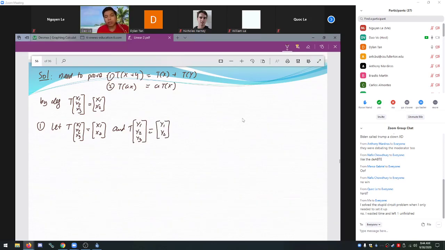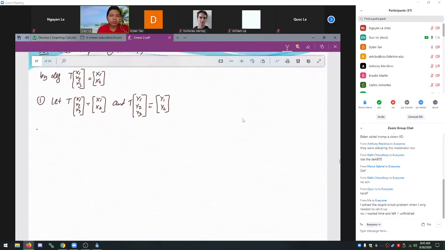If you take any transformation from three-dimensional back to two-dimensional, you just cut out the third component. So T of x plus y will equal T of x1 plus y1, x2 plus y2, x3 plus y3.